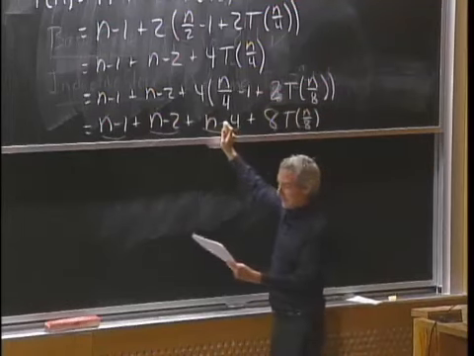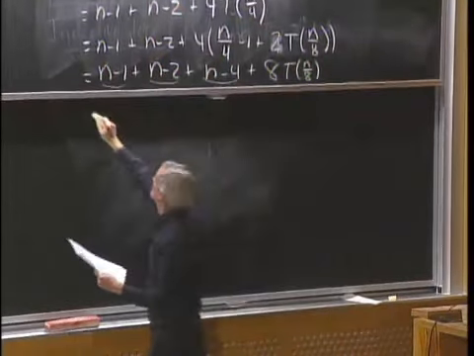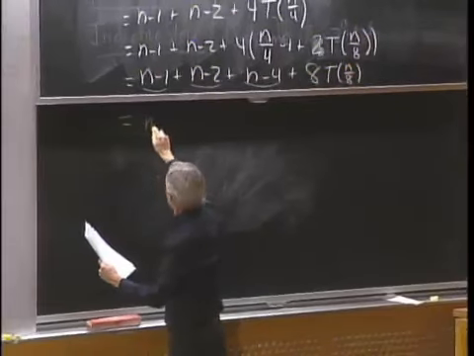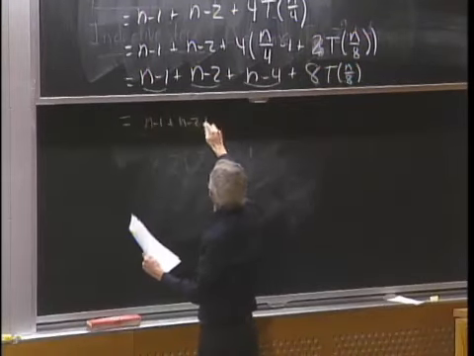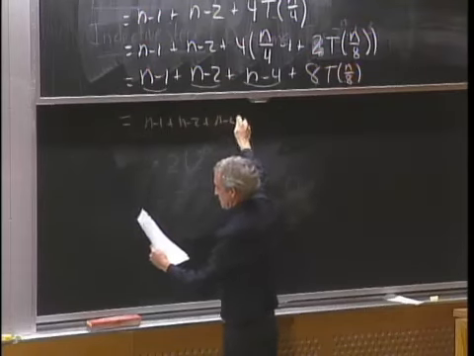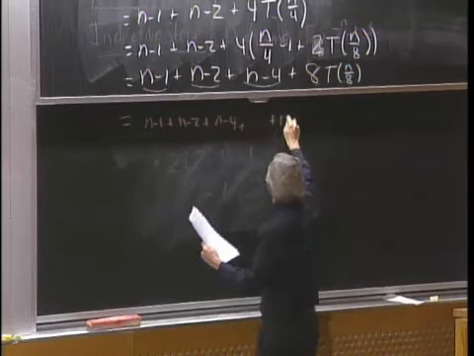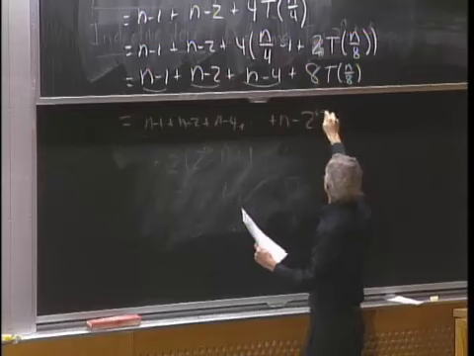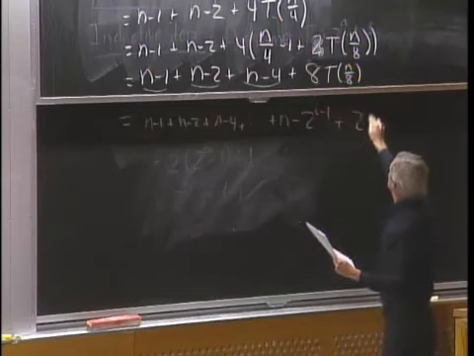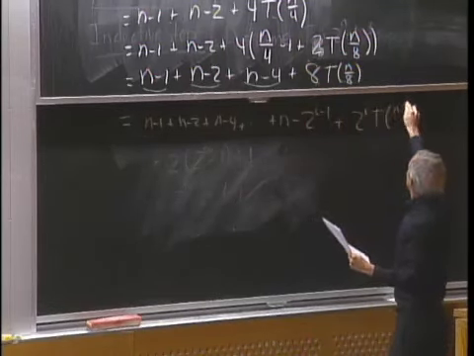So we could guess now that the pattern is n minus 1 plus n minus 2 plus n minus 4 all the way out to plus n minus 2^(i-1), plus 2^i T(n/2^i).